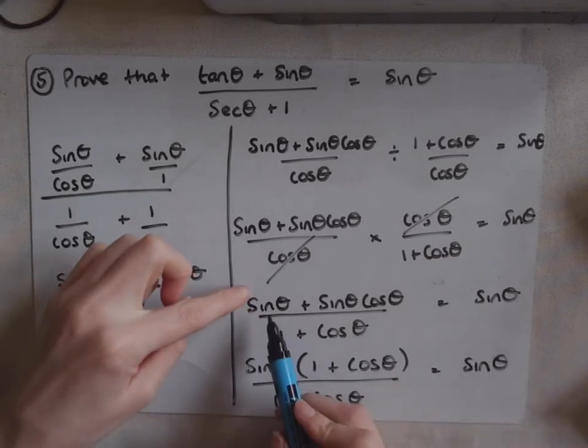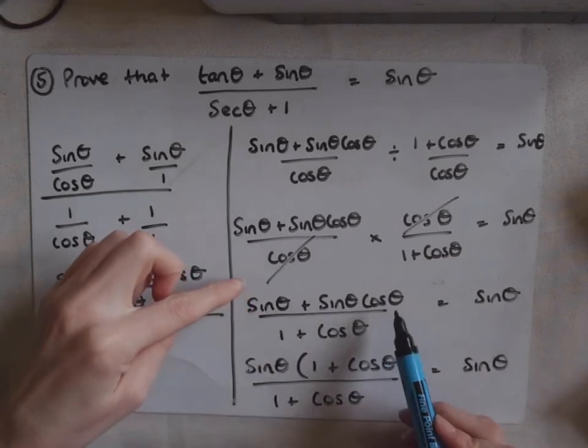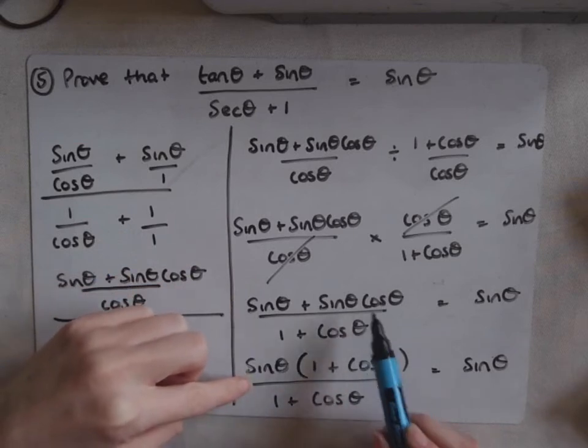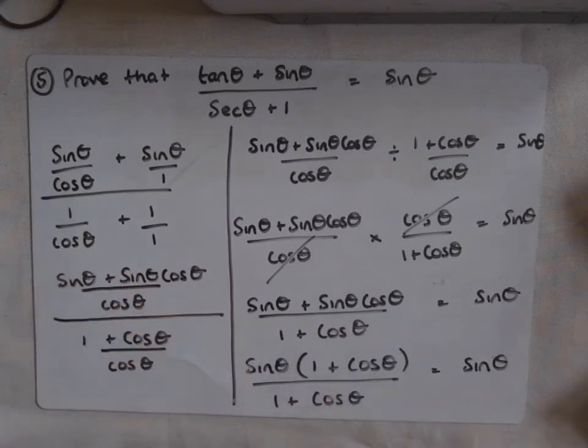I have a sine theta there, and then I have a sine by a cos there. So sine theta by 1 and sine by cos. Now that I've factorised that out, I can just cancel the 1 plus cos theta from the top and the bottom. So sine theta equals sine theta. I've that proven.